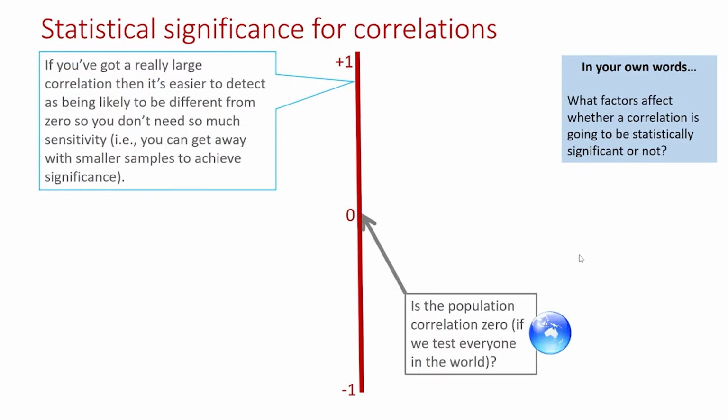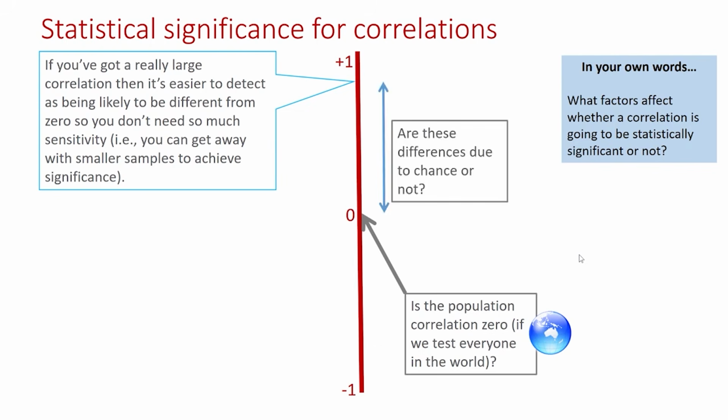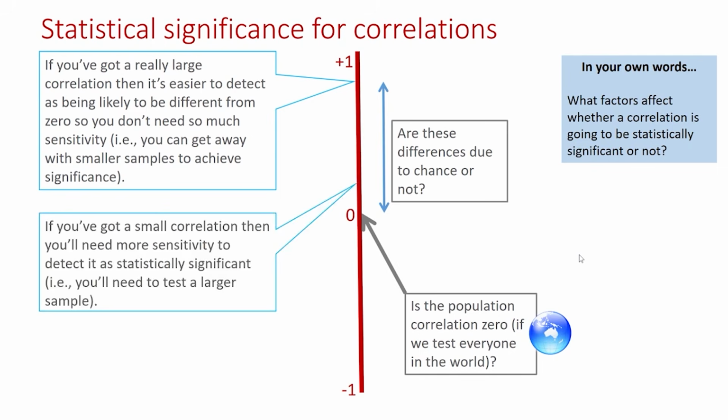So, if we've got a super large correlation, then it's much easier to detect it as being different from 0 because we don't need quite so much sensitivity. Because we're way away from 0, we can get away with smaller sample sizes because the difference we're trying to evaluate is much bigger.